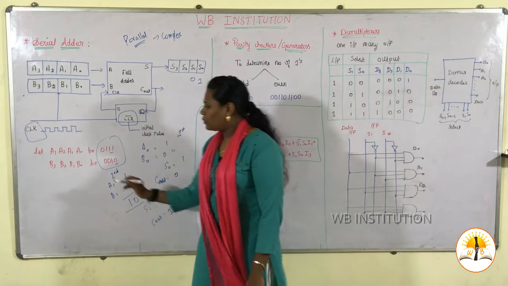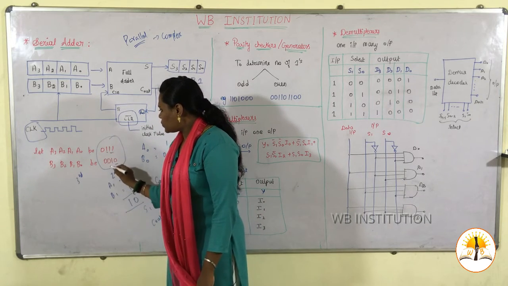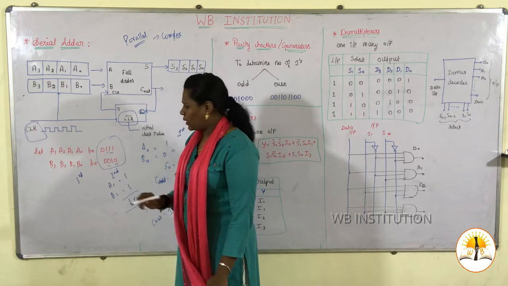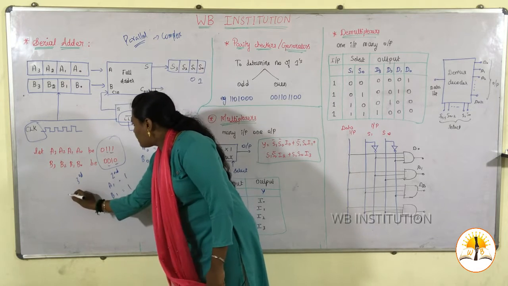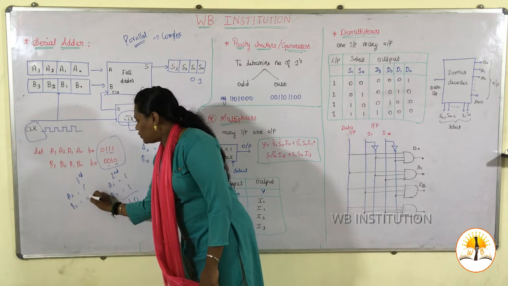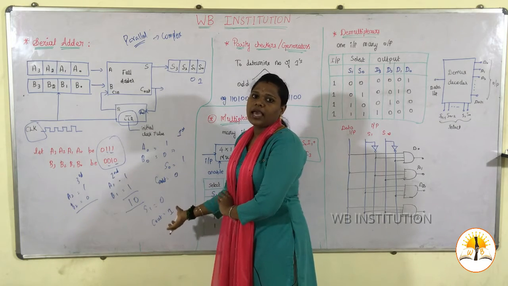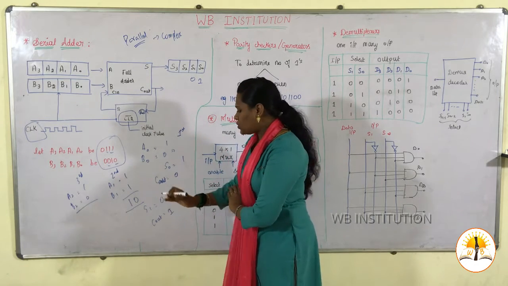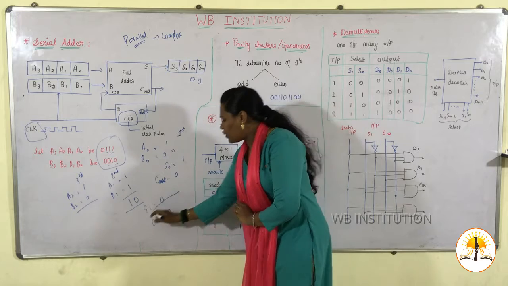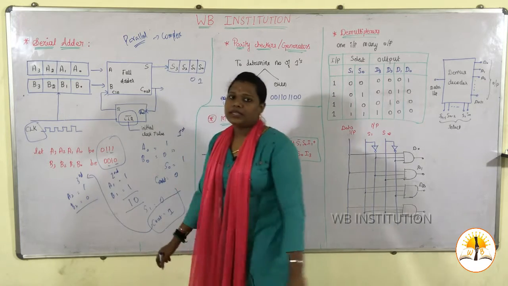Then coming to the third clock pulse, I am going to take A2 and B2. A2 will be 1, B2 will be 0. You need to take the carry over to your third clock pulse. Since you have got the carry out here, just move this carry out toward the third clock pulse.